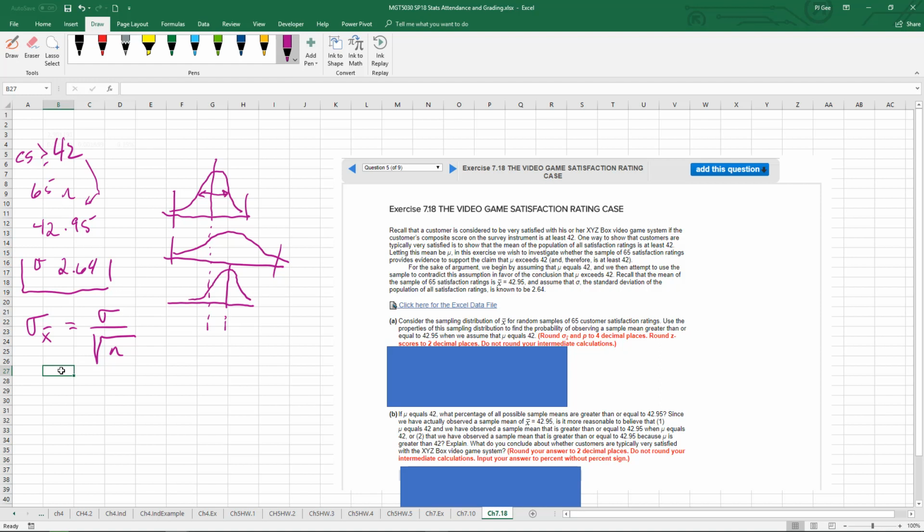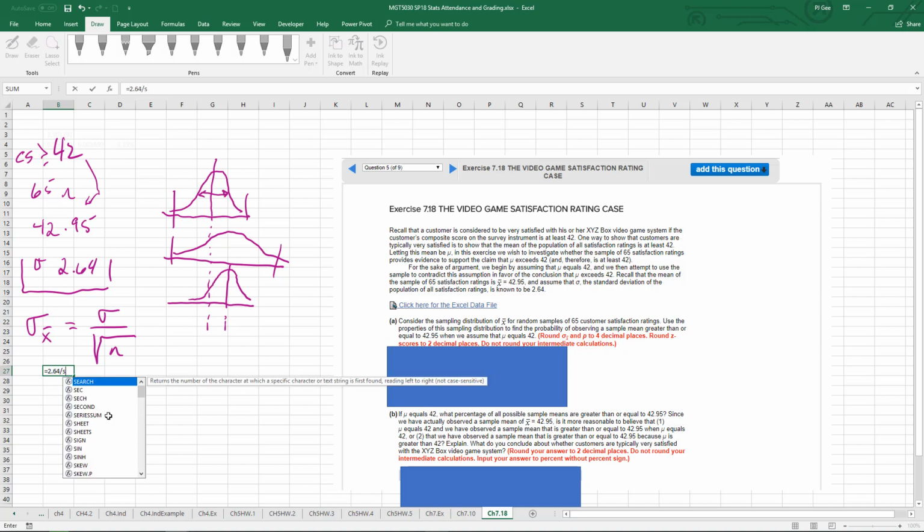What can we calculate? We could do it all in one, or I can make this a partial solution. What's the first thing we're going to do? Let's go after the standard deviation of our sample mean. That's going to be equal to 2.64 over the square root of 65.